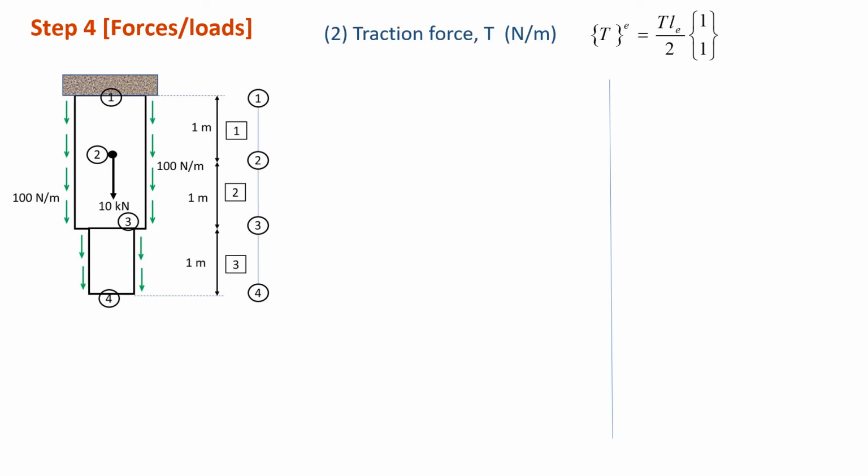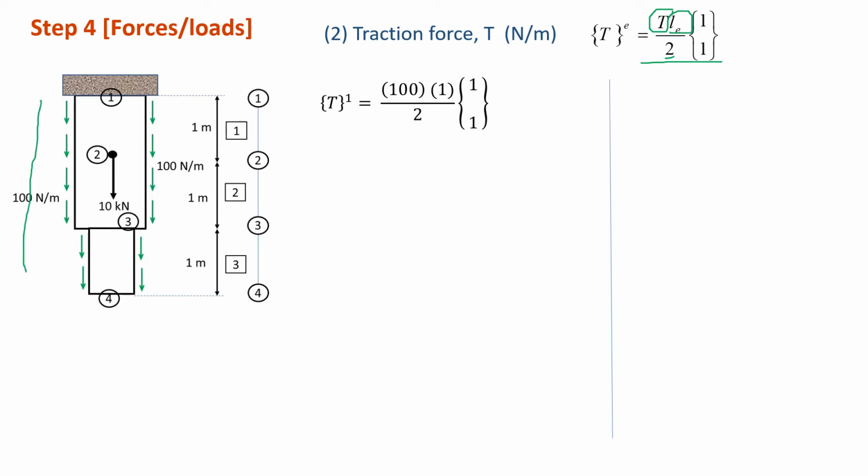The traction force is given by this formula, where T is the traction value, L is the length of the element, and 2 here is just a constant. So consider element 1. For element 1, T will be the same. We are having the same traction force.